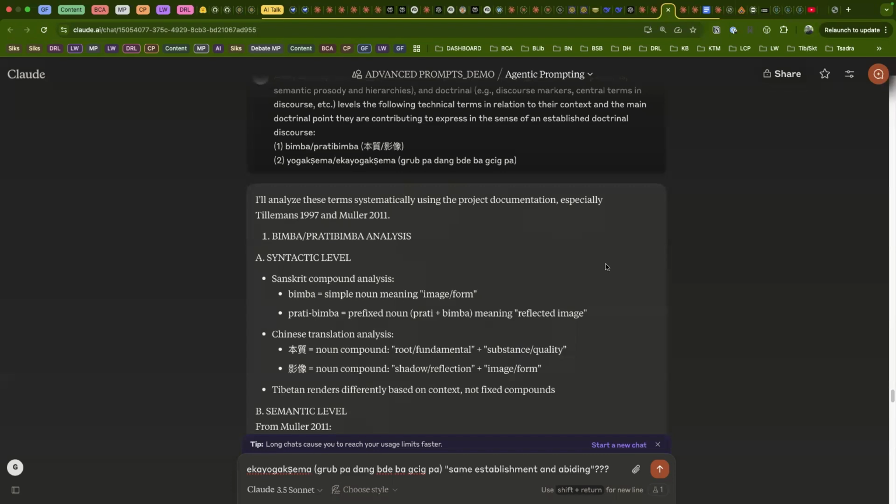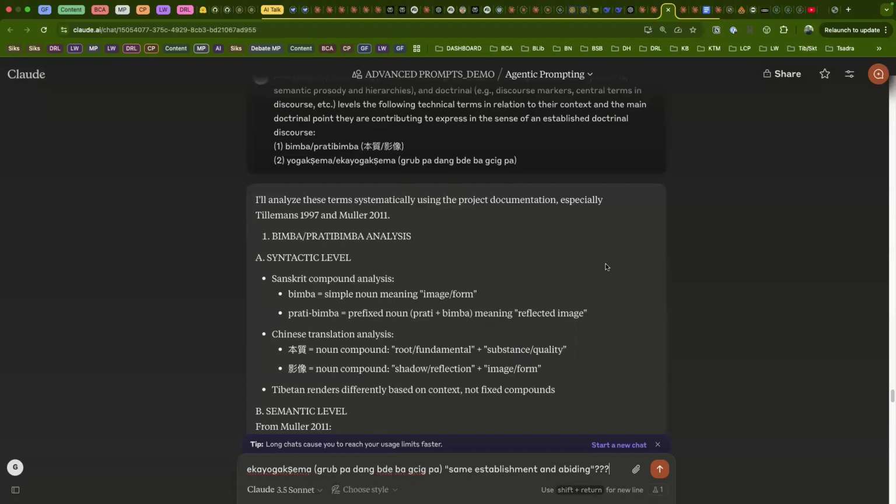Remember last week we were talking about how the Drupatang Dewa Chikpa, this Eka Yoga Kshema compound in Sanskrit, in chapter 5 of the Sandhinirmocana Sutra, can be wrongly understood, and Tillemans made that clear in an article he wrote in 1997. And so here, some translators may be tempted to read this as same establishment and abiding, for example, or happiness, literally.